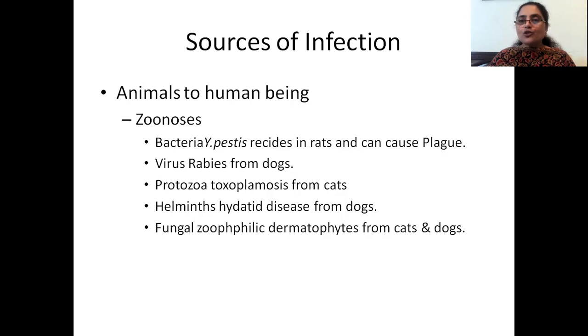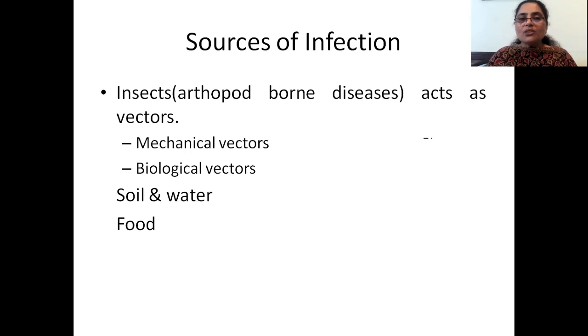Protozoa, toxoplasmosis, resides in cats. Helminths cause hydatid disease, which resides in dogs. Then there are fungal zoophilic dermatophytes present in cats and dogs, which can cause us dermatophyte lesions, skin problems.